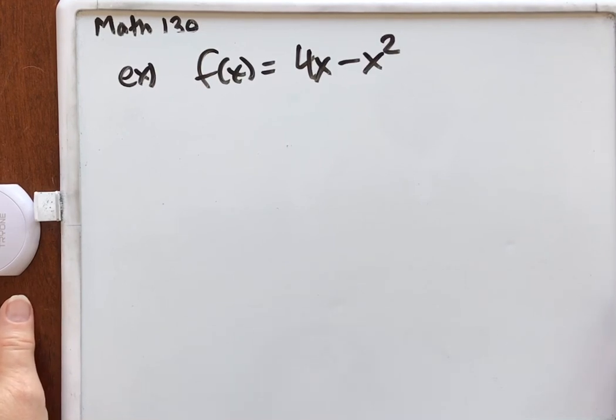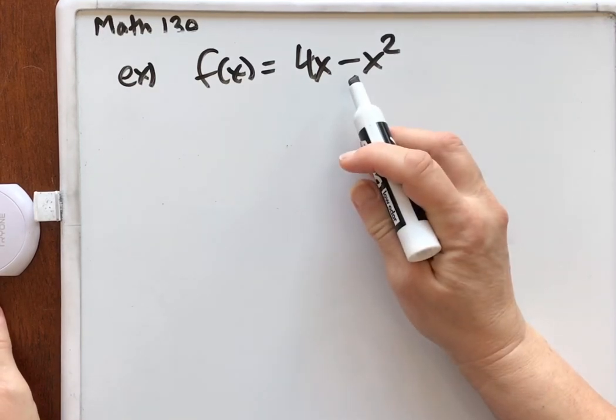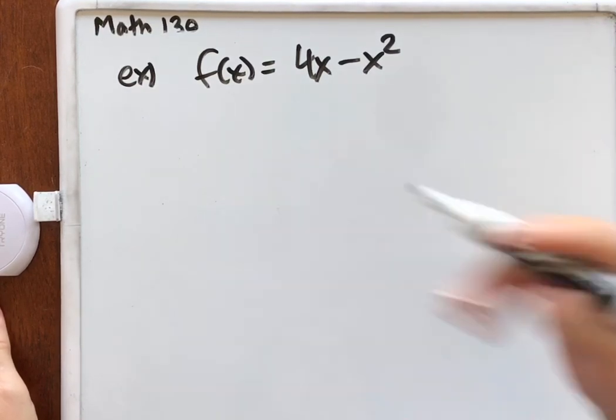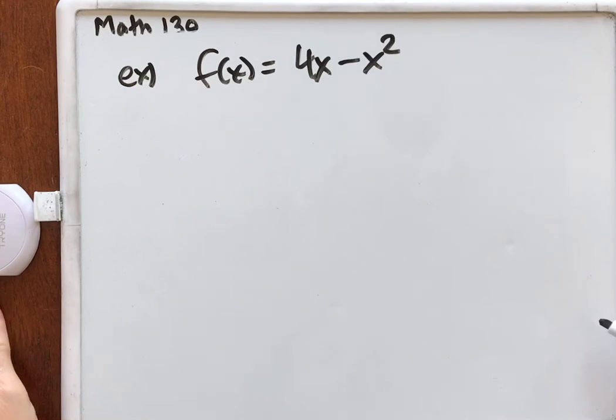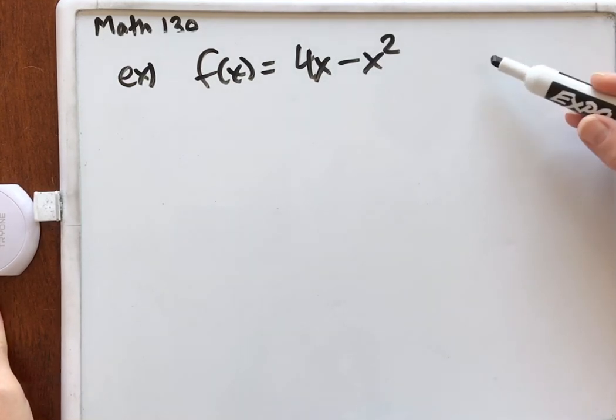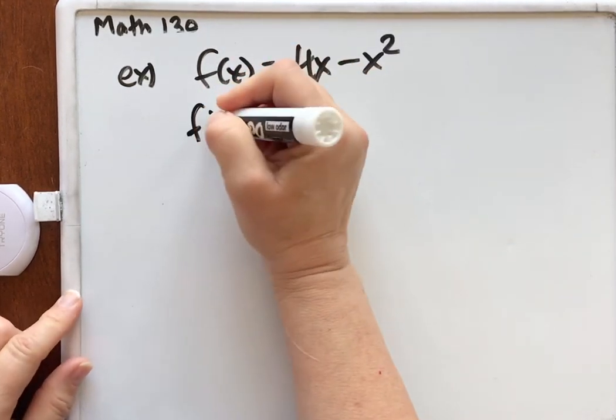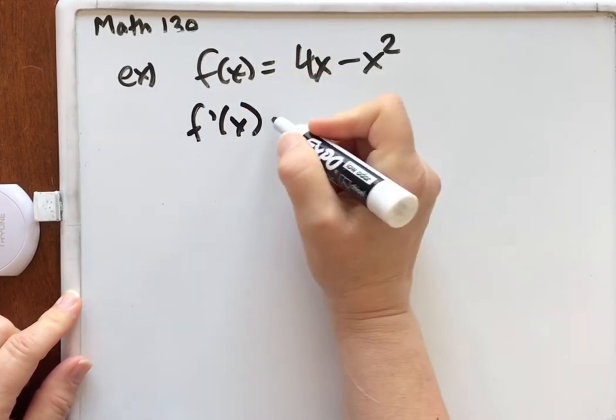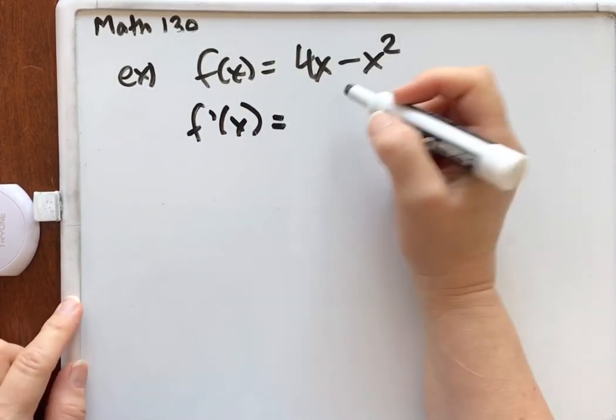If f prime of x exists for every x in an interval and there is only one critical value, then, okay, so we know this is continuous, right? All right, since we know it's continuous, we know f prime of x is going to exist all over, actually any interval for here.